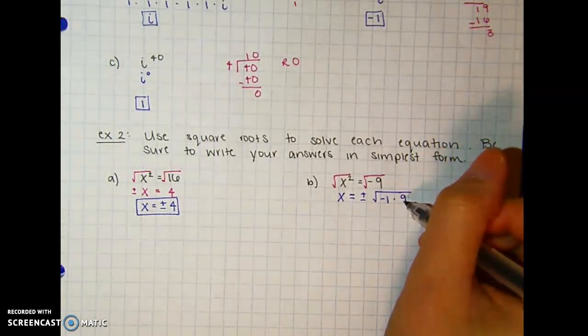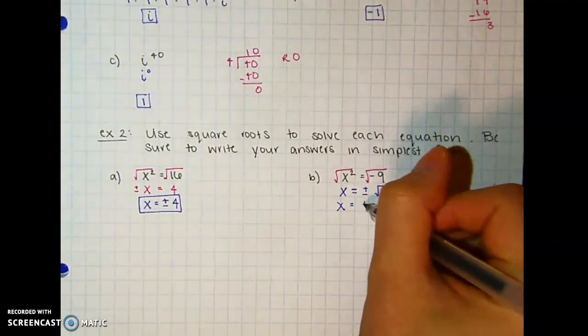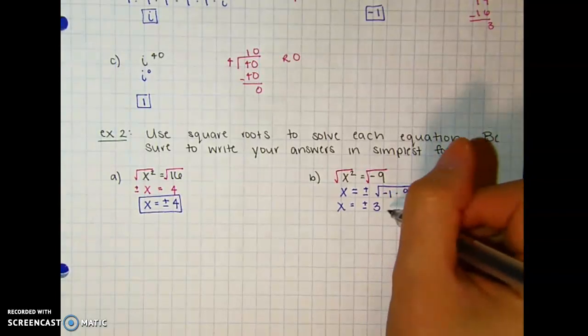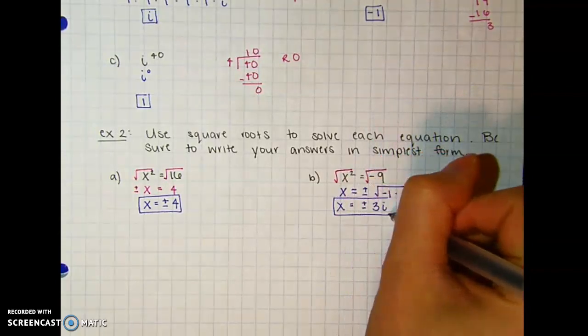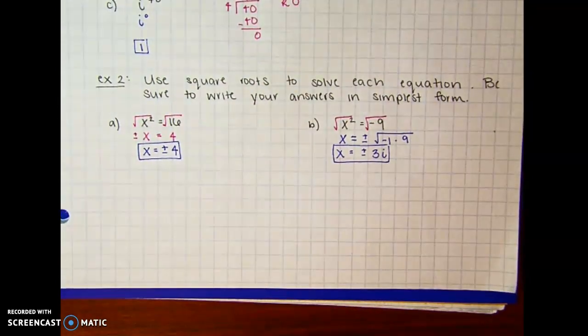The square root of 9 is 3, and the square root of negative 1 is i. So this is actually plus or minus 3i. Okay.